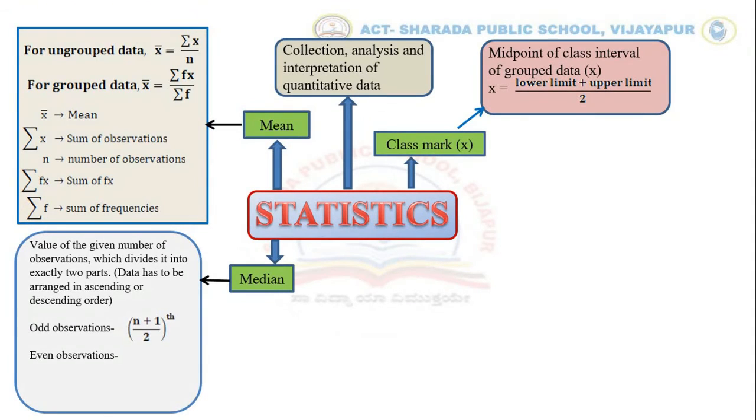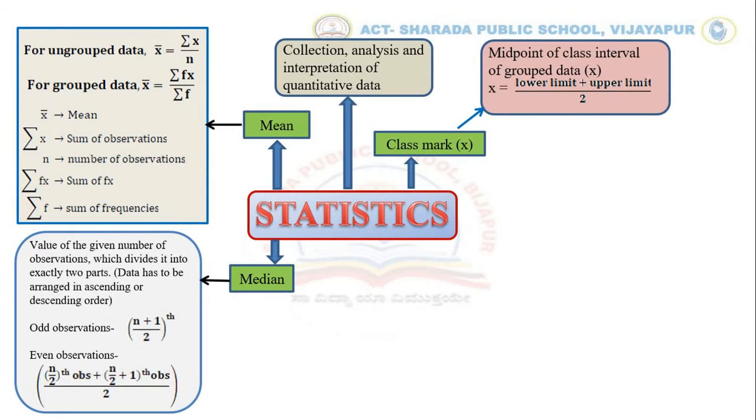For even observations, it is the (n by 2)th observation plus the (n by 2 plus 1)th observation, divided by 2. So if the observations are odd or even, we use different formulas to find the median.